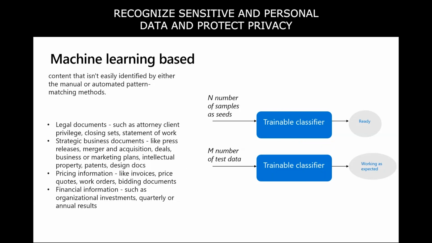In a very simple way, we call this a trainable classifier, and you can train that classifier with a number of samples as seeds, and then it will learn from these documents or samples, and then it will be ready for identifying similar information.